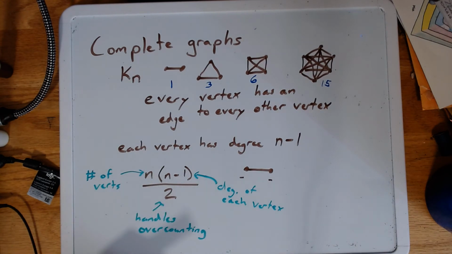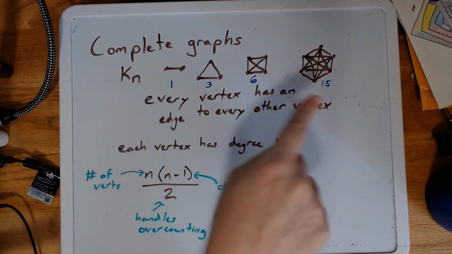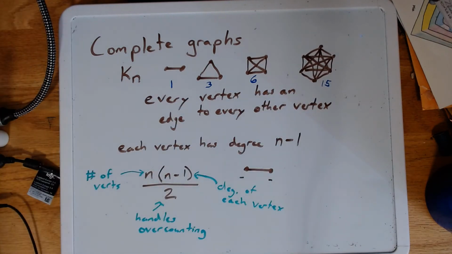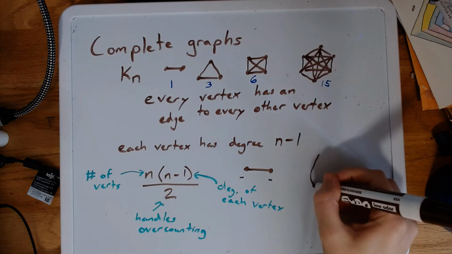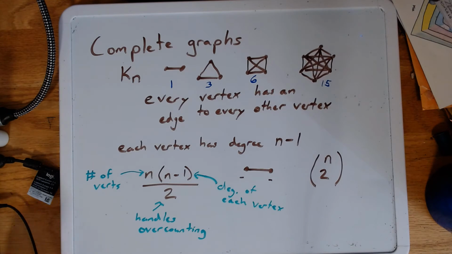So that matches. Now you might recognize this formula or these numbers. We can also write this, if you remember combinations, as n choose 2.